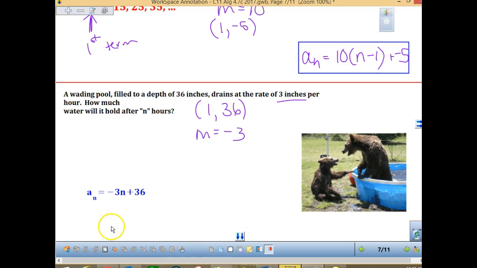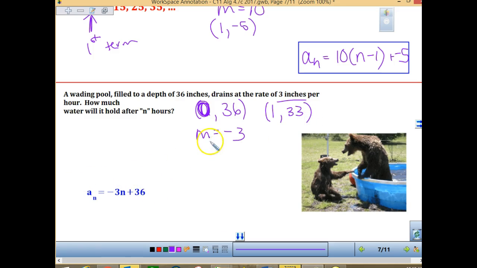So the question is, is this our 0 term or is this our 1 term? If it drains 3 inches per hour, did it start at 36 or was that after it started draining? So 1 is at what? 33.